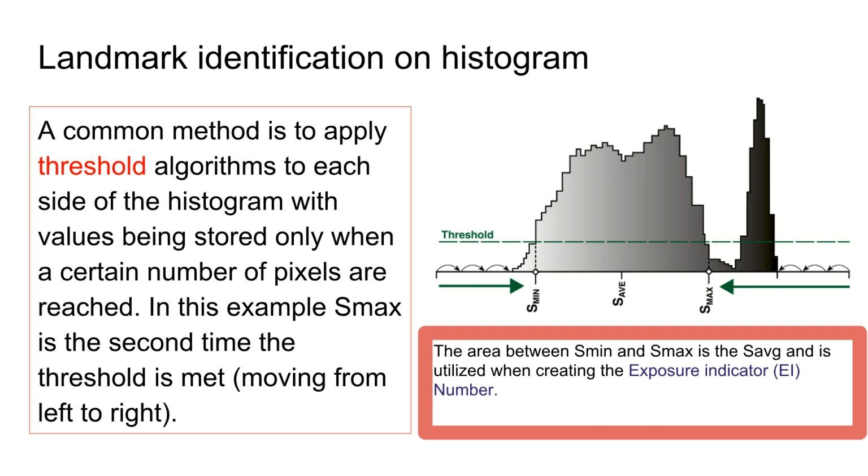But your exposure indicator is really only as good as the algorithms did a job at fixing your histogram and establishing good thresholds that turned into an actual S-min and an S-max that are realistic. If this included the spike in this example, then our exposure indicator is out of range, and it may not have been because of the exposure technique, which is what we usually think it is.